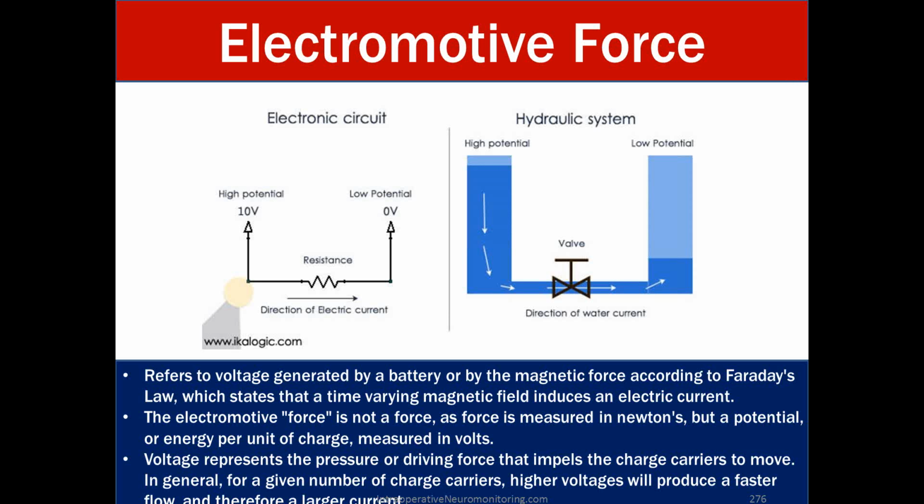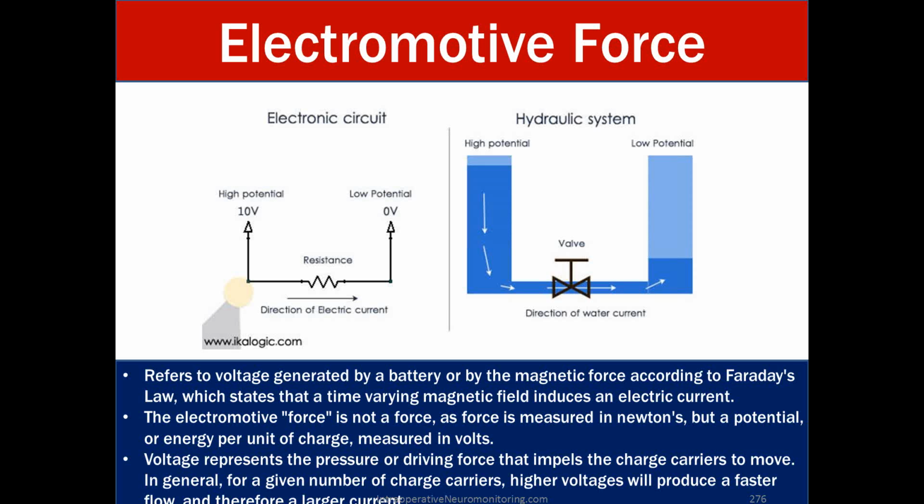So anytime you see someone's law, please remember what the definition of it is, and if there's any accompanying equation, have some familiarity with that to be able to work it back and forth. The electromotive force is not a force, as force is measured in newtons, but a potential or energy per unit charge measured in volts.